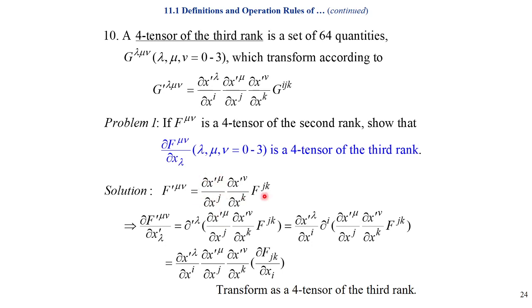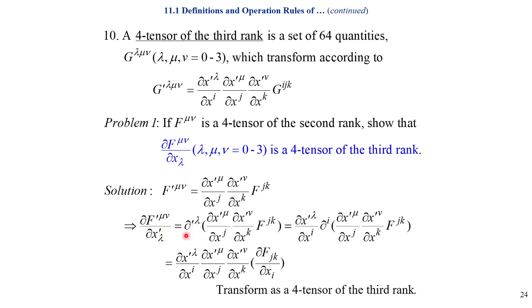The first one for J component, second for K. Okay, so if we use this one, write it down again: partial F prime mu nu over partial X prime lambda.